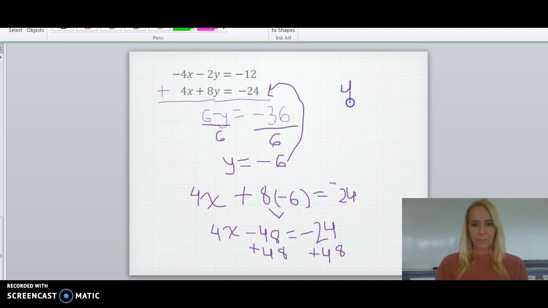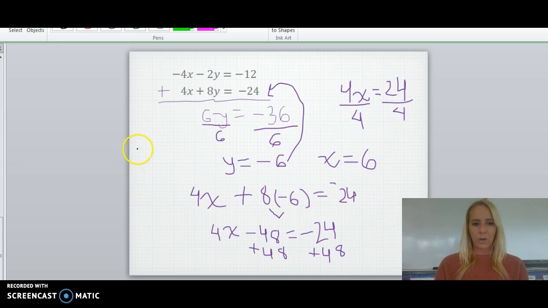So 4x equals positive 24, because negative 24 plus 48 gives me positive 24. And you can use your calculator for computation. And then I'm going to divide both sides by 4. So x is equal to 24 divided by 4, which is 6.